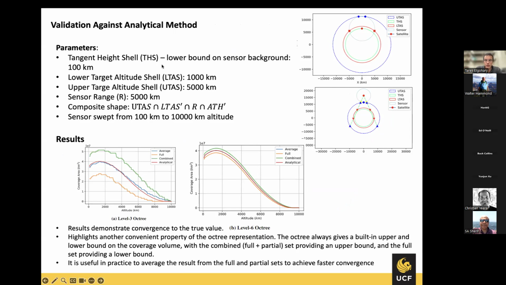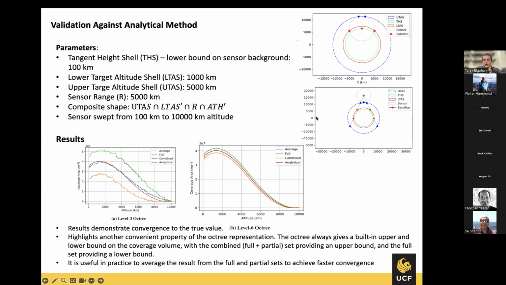Here we brought one of the cases that I showed in the very first slide, one of the geometric cases. Let me talk to you a little bit about how this works, because it's a lot of geometry. On the right-hand side, you can see a sensor looking at a dual band problem.